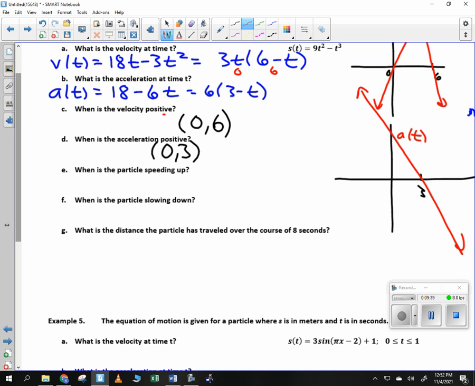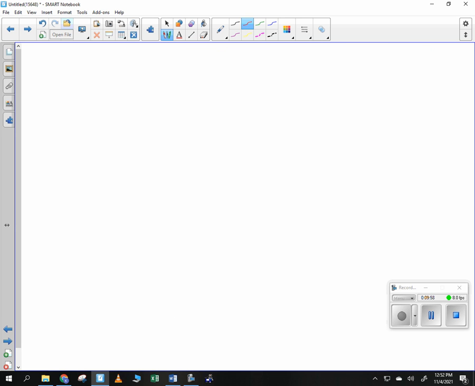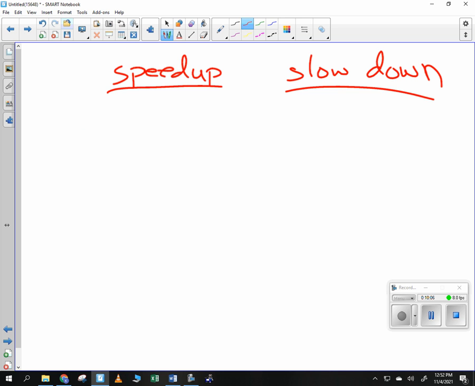So the question is, when is the particle speeding up? When is the particle slowing down? And then we're going to do the distance piece. So you tell me, am I speeding up or am I slowing down? Speeding up. My velocity was positive or negative? Positive. My acceleration was positive or negative? Positive. Okay? Now, speeding up or slowing down?